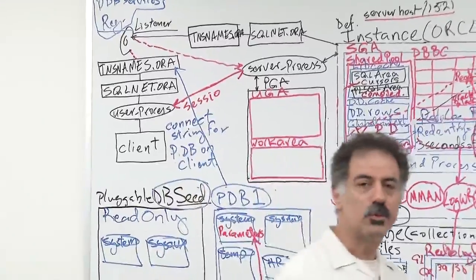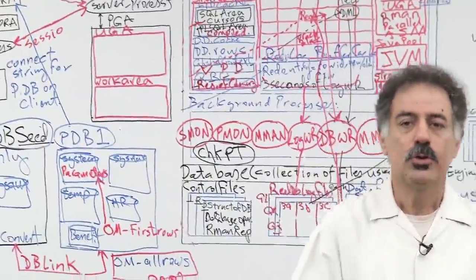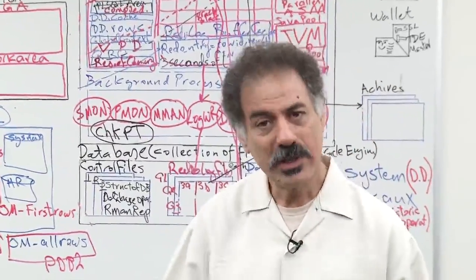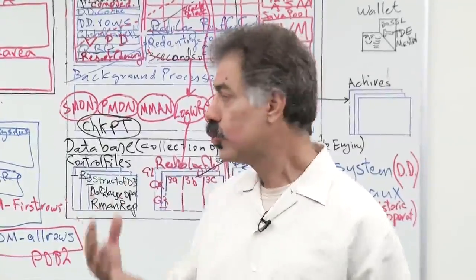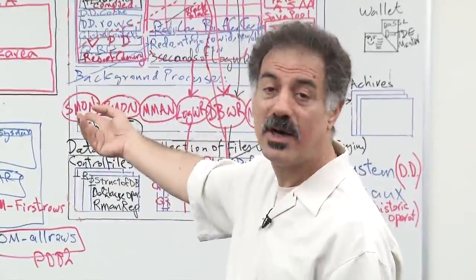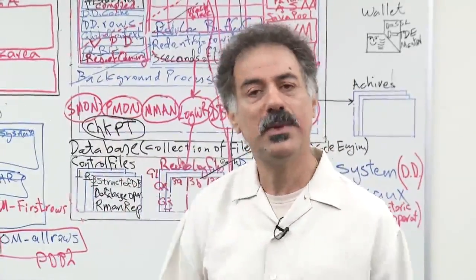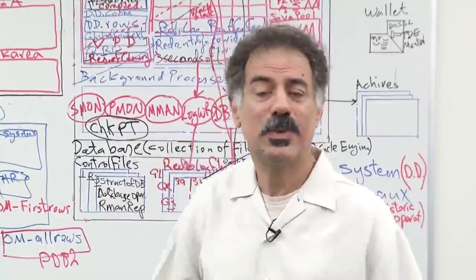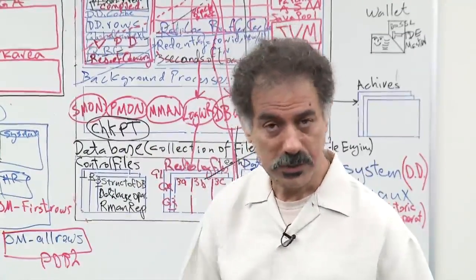We have to manually create those connect strings on the client machine to be able to identify the services for the PDB and then connect to the database under that particular service.